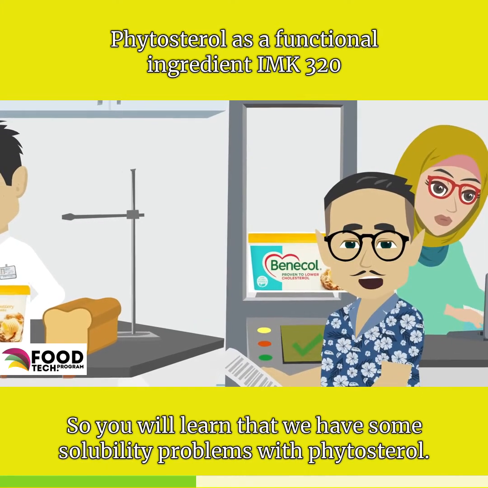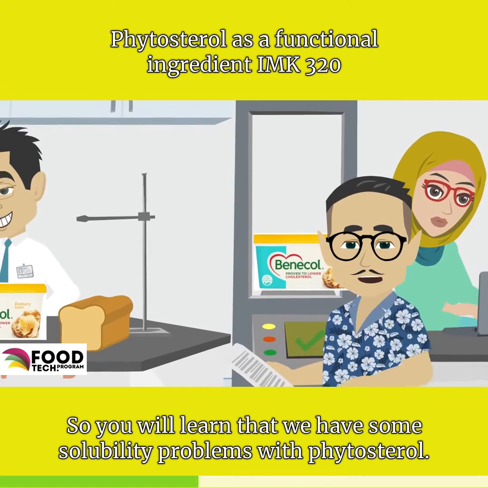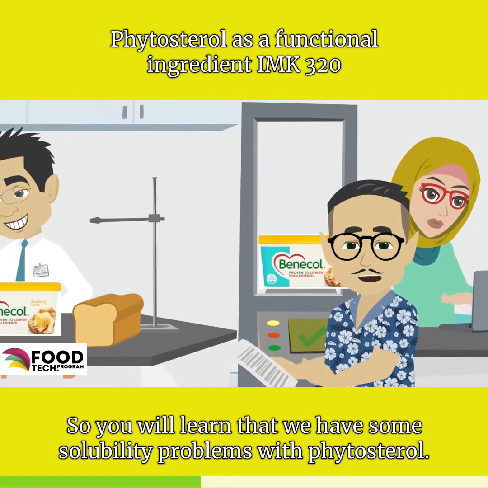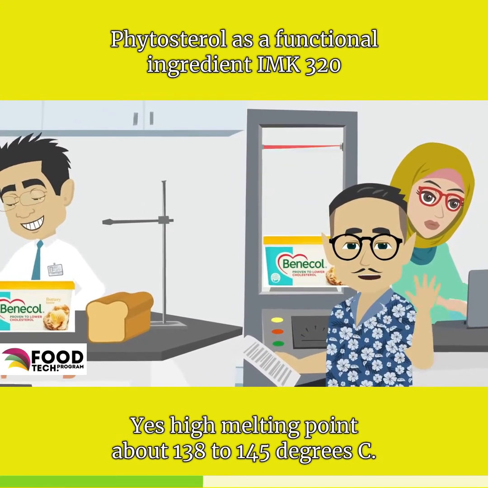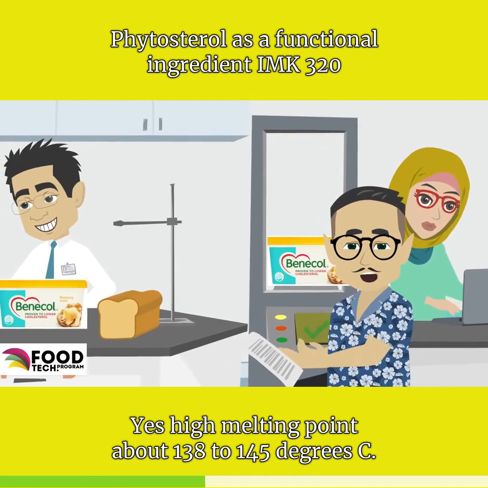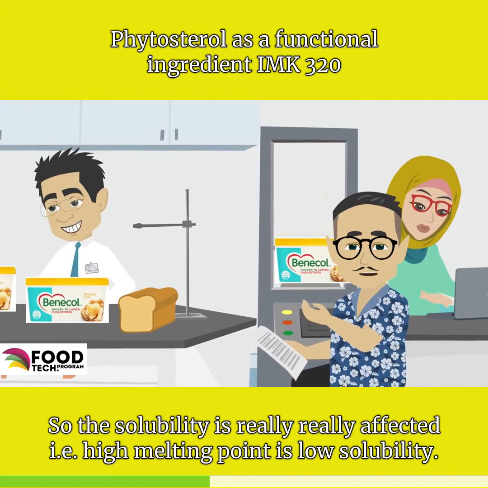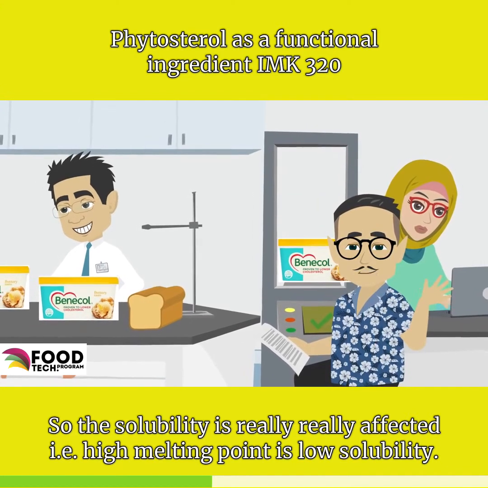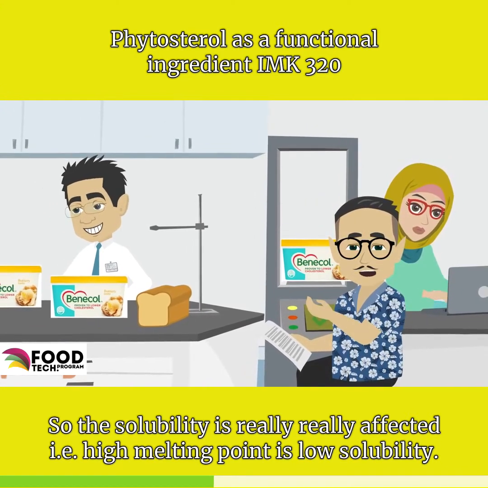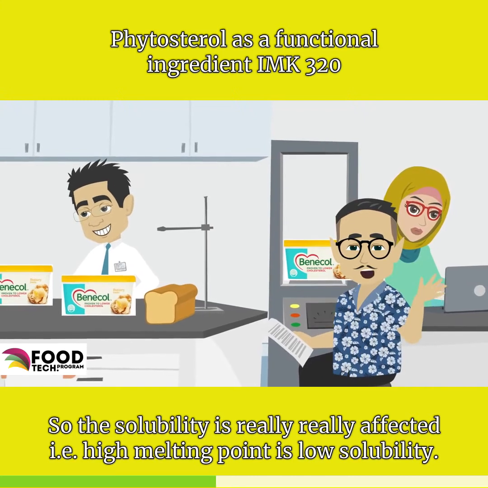So you will learn that we have solubility problems with phytosterol. It has a high melting point, about 138 to 145 degrees C. So the solubility is really affected, i.e. a high melting point means low solubility.